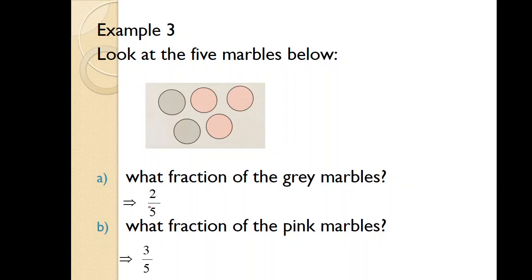Why over 5? Because in total there are 5, but we only have 2 marbles out of 5 marbles. Then B, the fraction of pink marbles. Here you can see that we only have 3 pink marbles. That will be 3 over 5.